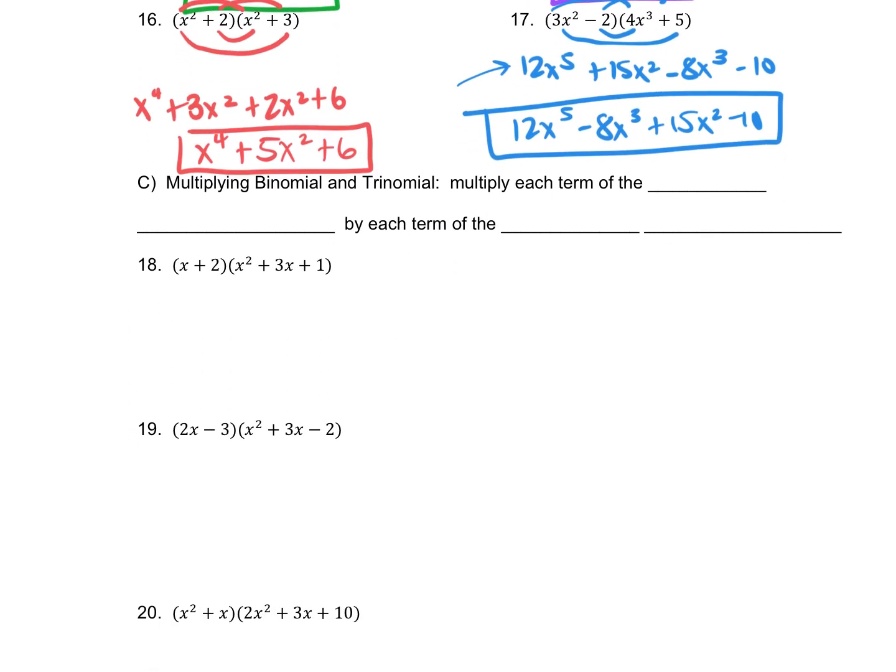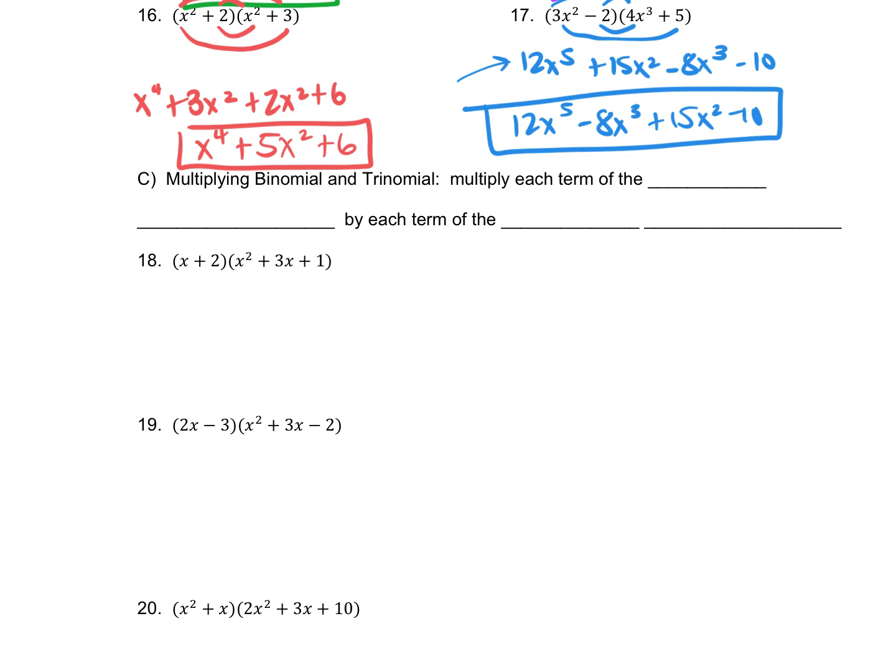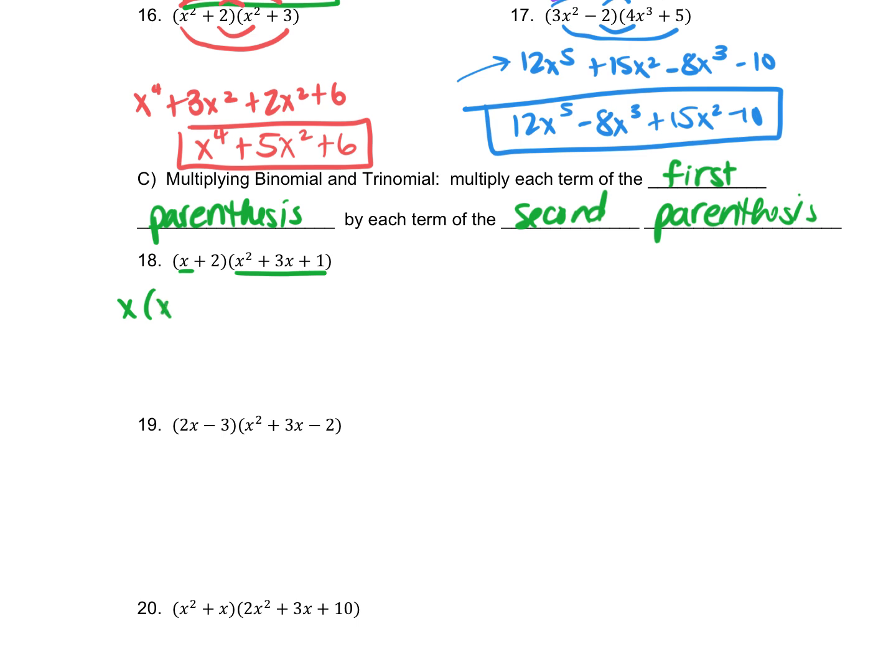All right. When we have 2 terms times 3 terms, you're going to multiply each term of the first set of parentheses to each term in the second set. So I'm going to show you 2 different ways to do this, and you can choose which one's easier. The first one is you take the first term and multiply it by the entire second parentheses. And then you take the second term and multiply it by the entire second parentheses.